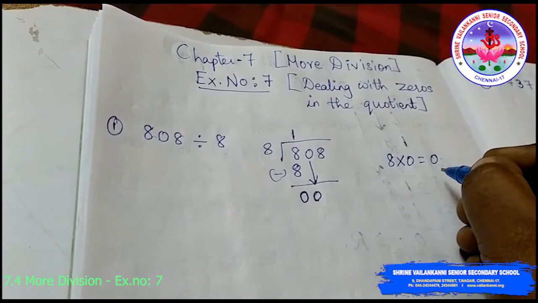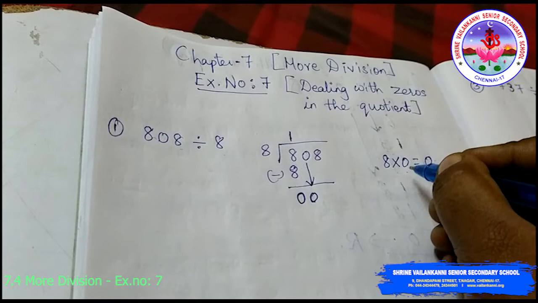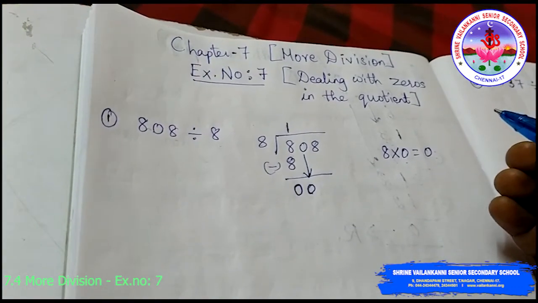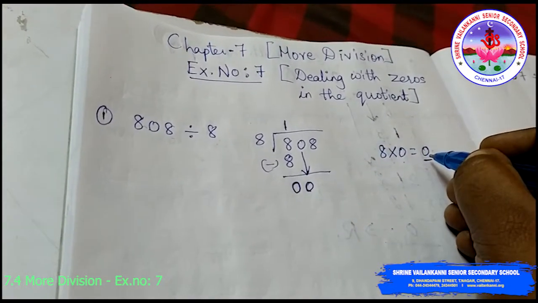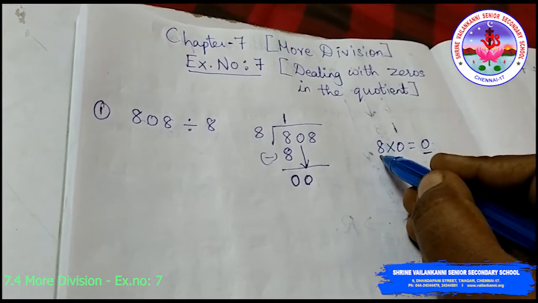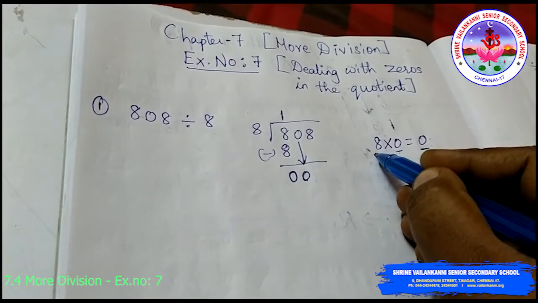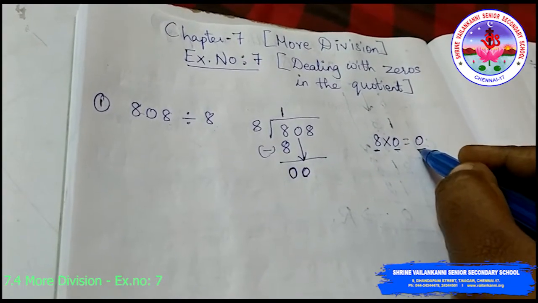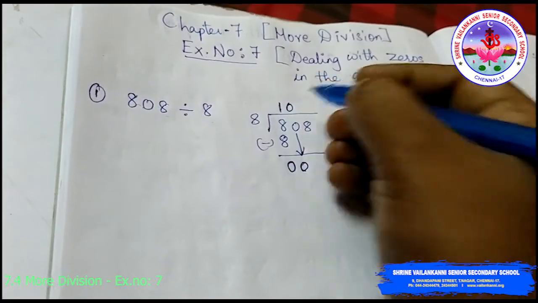Any number multiplied with 0, or 0 multiplied with any number, you will get a value of 0 only. So using that property, 8 into 0: this 8 is your divisor, this 8 is your times and this 0 is your dividend. So 8, 0 times, 0.